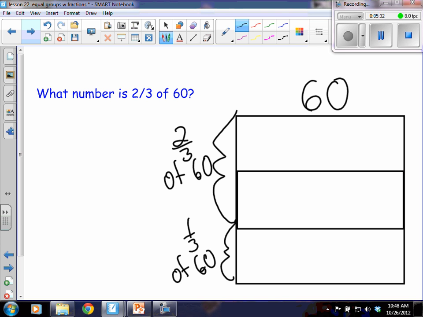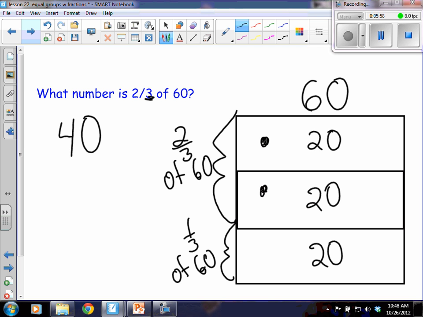And then I just have to take 60, and since we have 3, I need to divide 60 into 3 equal groups, which would put 20 in each group. And then I can go ahead and solve the problem, which says what is 2/3 of 60? So 1, 2. So that'd be 20 plus 20, which would give me an answer of 40.